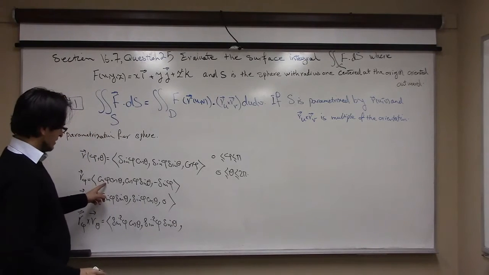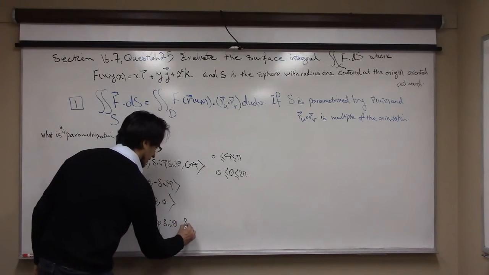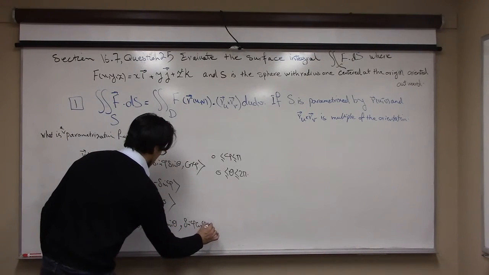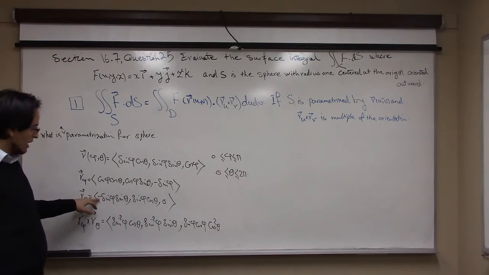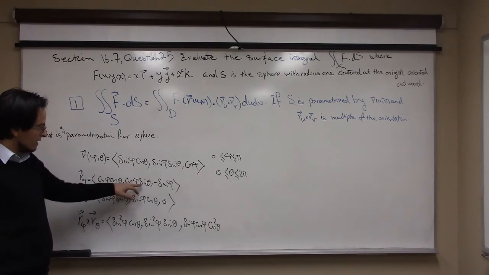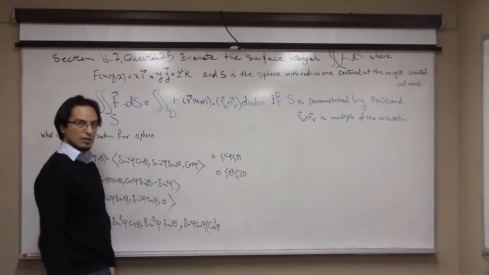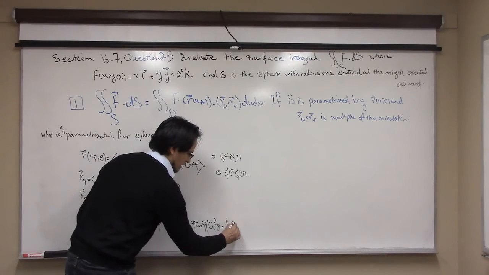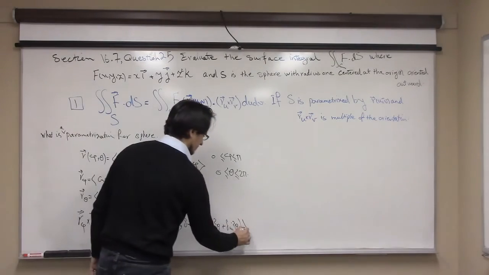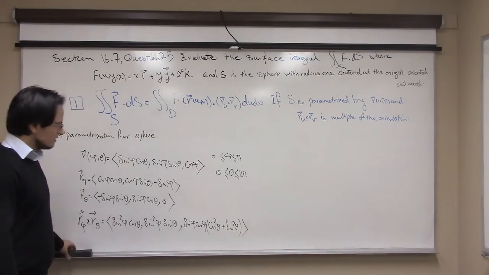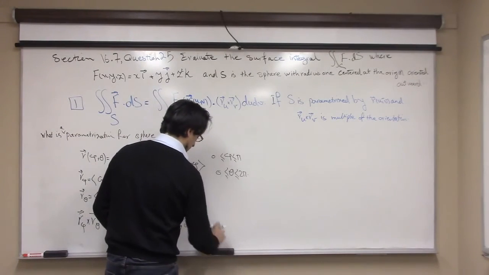And the last part is cosine phi sine phi times cosine squared theta, plus cosine phi sine phi times sine squared theta. I can factor out sine phi cosine phi, and since cosine squared theta plus sine squared theta is equal to 1, I can go from there.